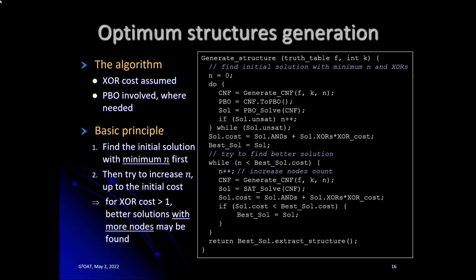So you first find the initial solution with the minimum number of gates overall, and it need not be the optimum in terms of size, because some gates could be bigger. If you increase the number of gates, it could happen that you will find a cheaper implementation having more gates.